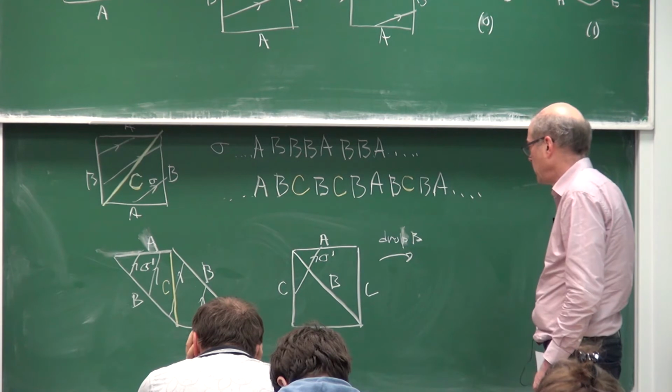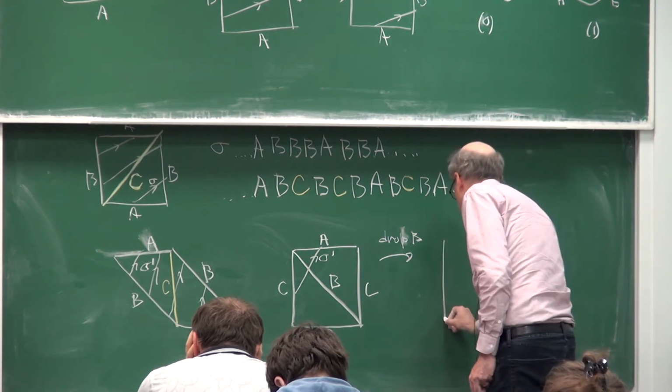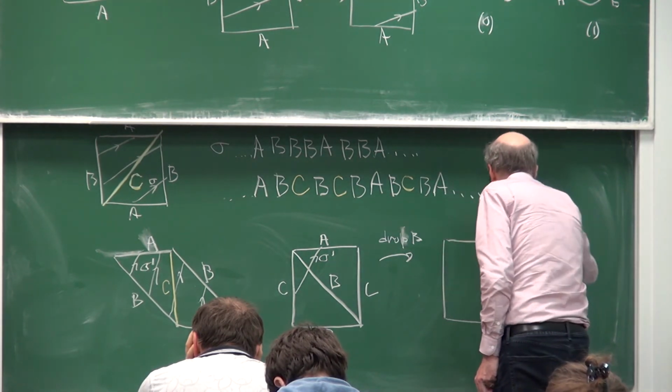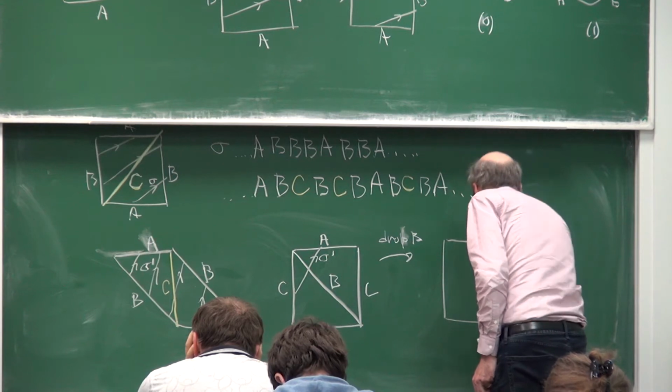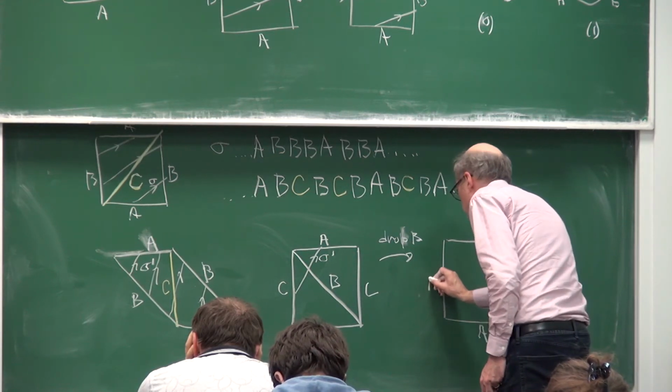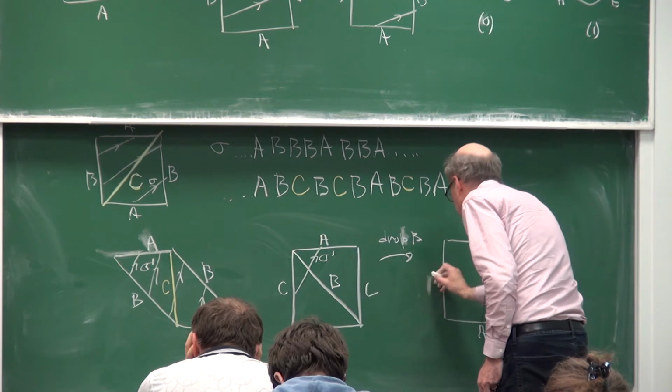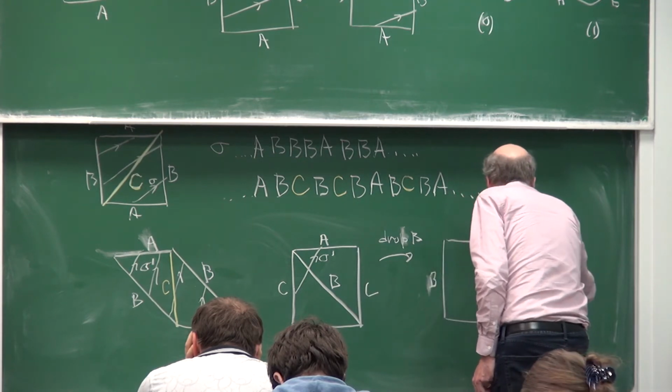So I want to go from there back to the original coded table. I want to just turn my C's into B's.